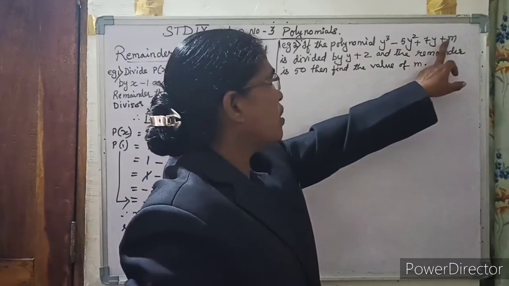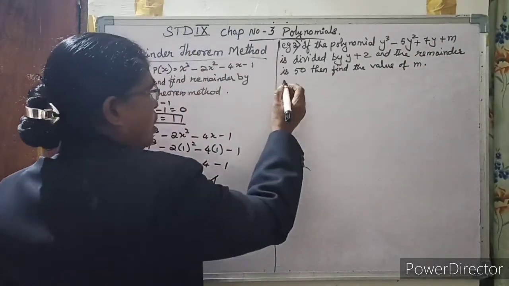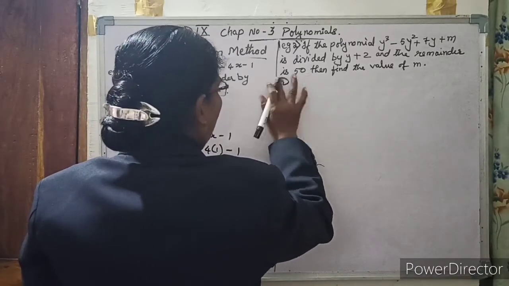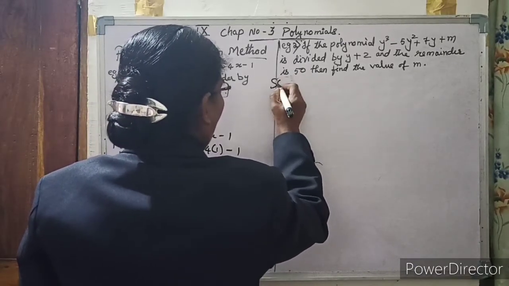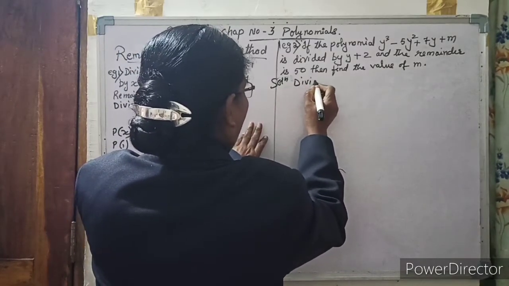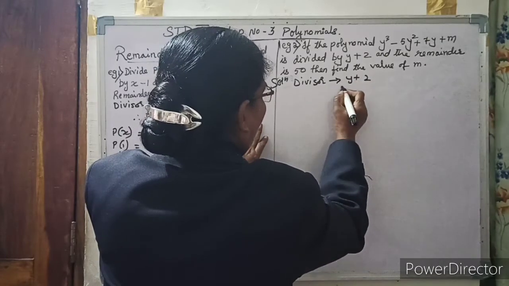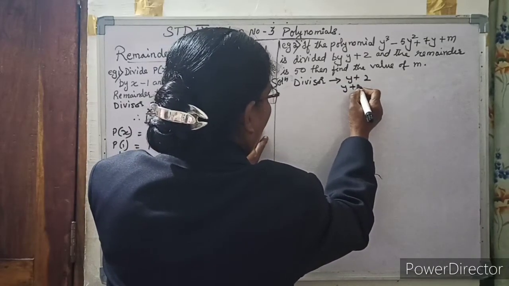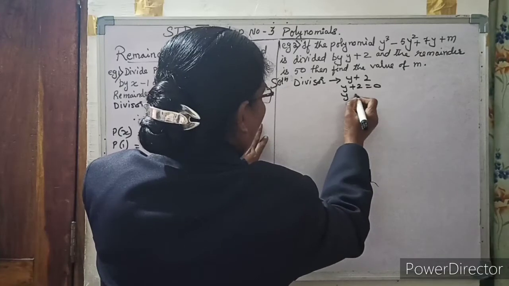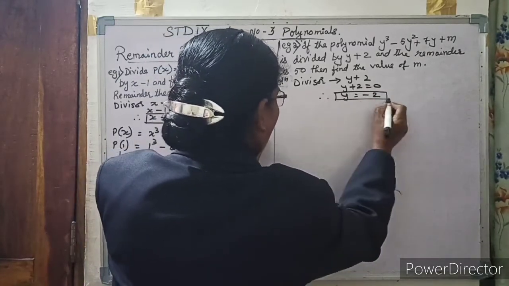In the polynomial, one number is unknown, that is m. So here again the divisor is y plus 2. So y plus 2 equal to 0, we take y equal to minus 2. Therefore y equal to minus 2 we got.